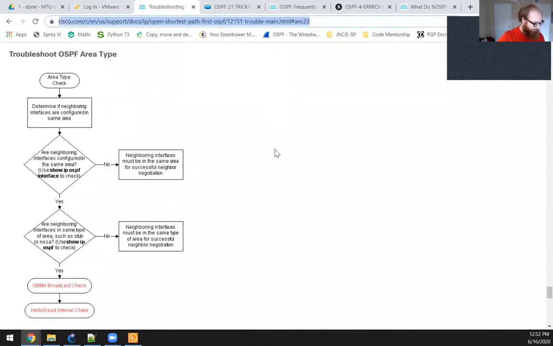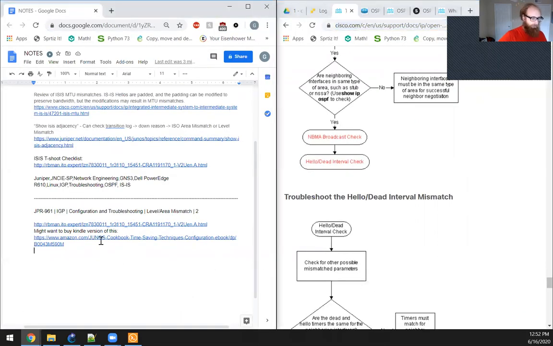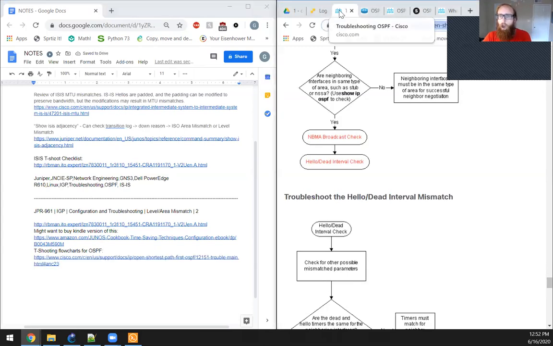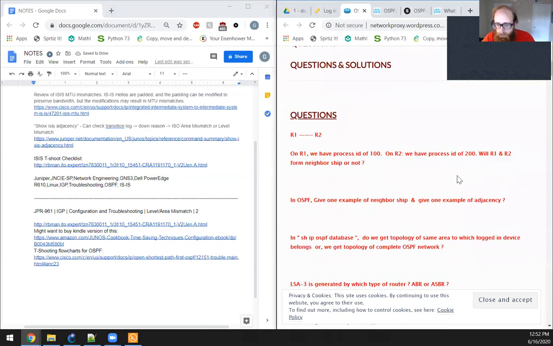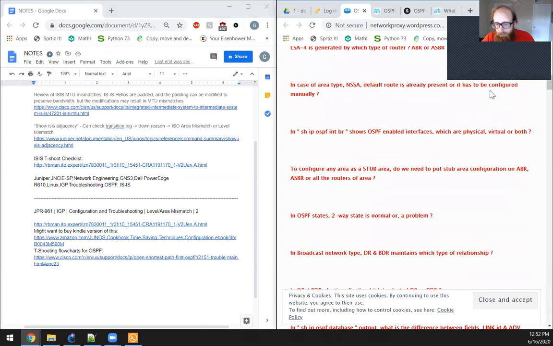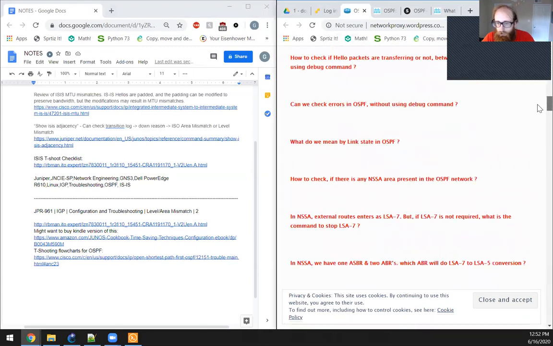We've got troubleshooting flowcharts for OSPF. We've got some tricky questions for OSPF too.